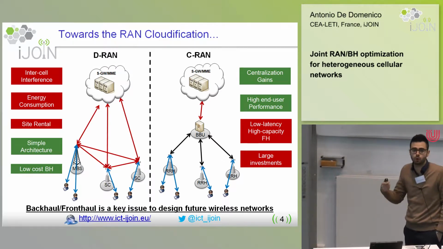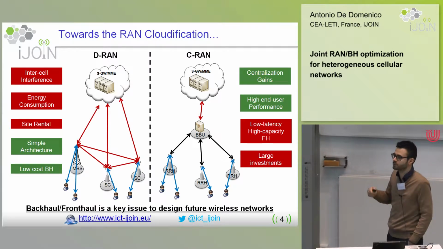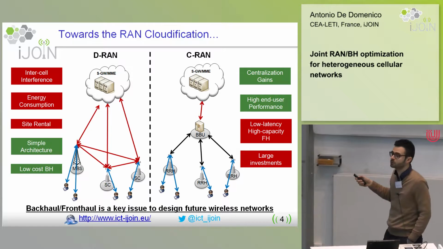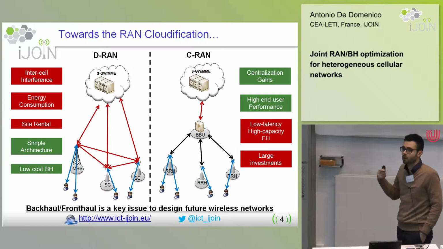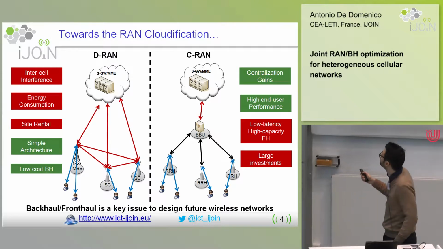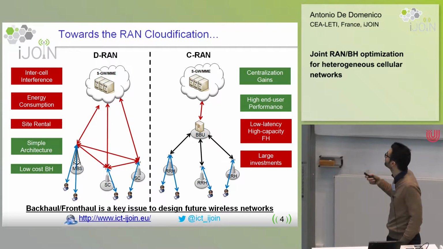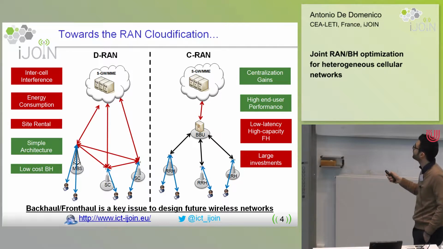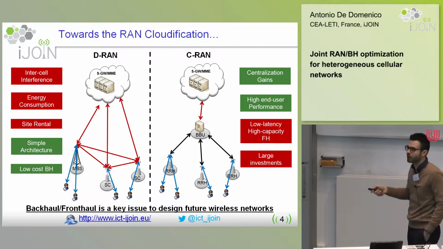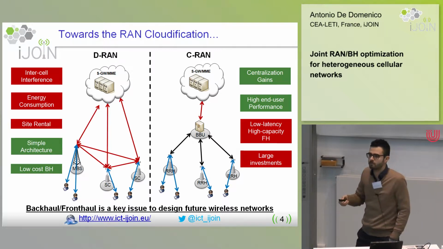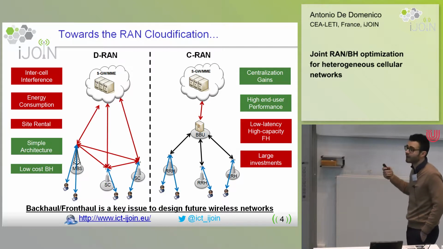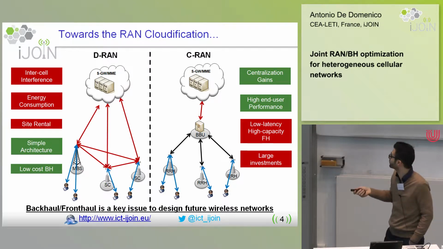We have already talked a little bit about that. So in terms of optimization for energy consumption, higher throughput, computational gains, and this permits the system to be more efficient. On the other hand, it needs a low latency, high capacity fronthaul, somehow fiber-like fronthaul, and this means larger investments for the operators.